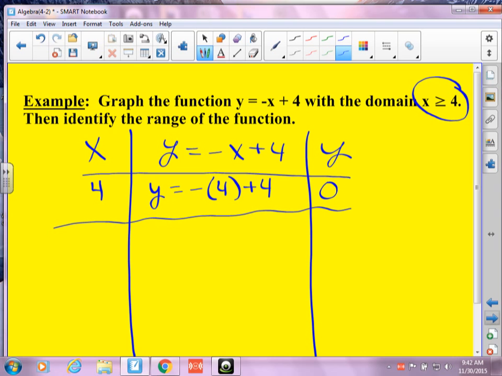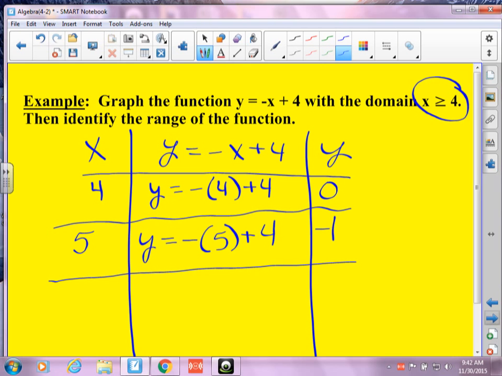Yes. Why? If it was less than or equal to, I would have chosen 3. But it's bigger than it, isn't it? So I'm going to put 5. Now what do I choose? Sure.